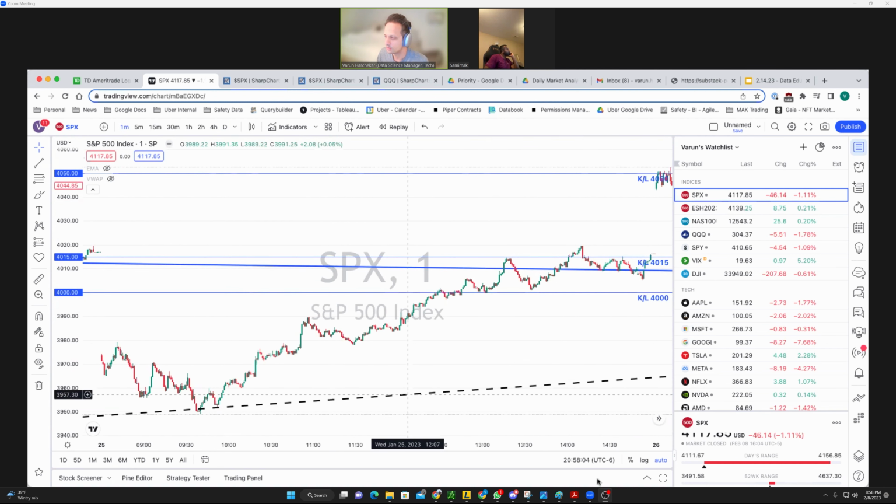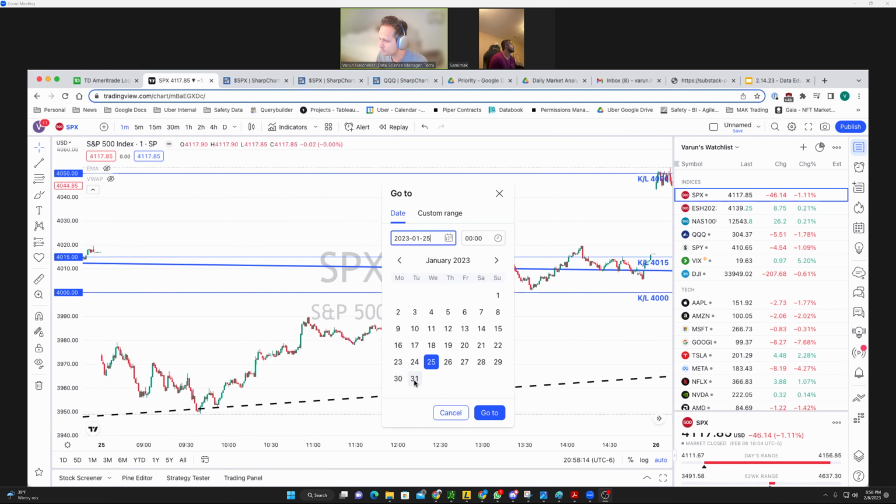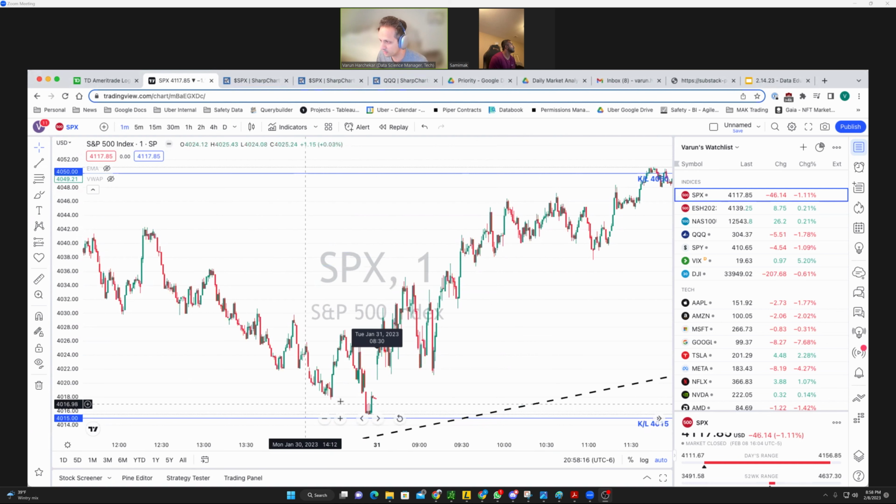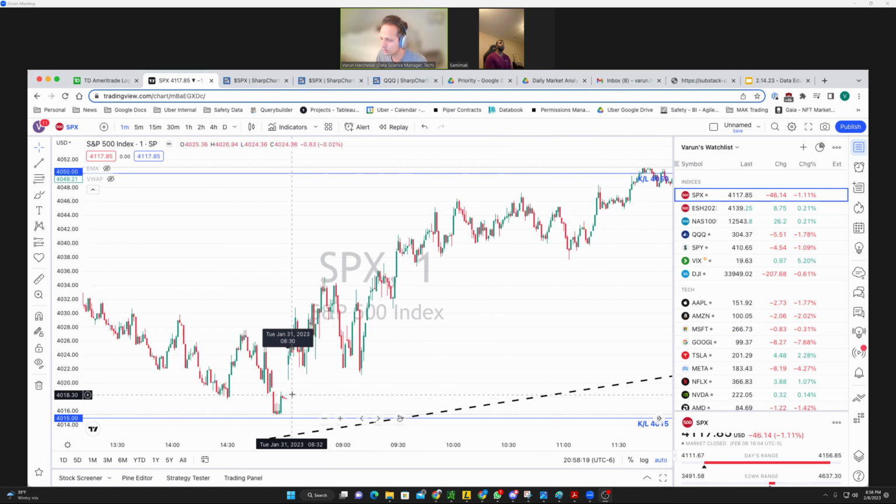The next day we're going to look at, so this is the 25th, next day we're going to look at is the 31st. This is another day that we tested the trend line. What happened? We gapped up a little bit from the day before. Went up, went up, went up.